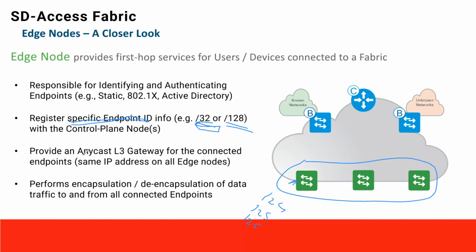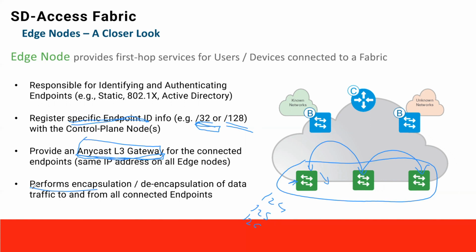Now it provides an Anycast L3 gateway. Keep this in mind. We have it in the further slides, where we'll look at what exactly the Anycast L3 gateway is and how it is helpful in the mobility part. If my endpoint is connected here and it moves to here or here, how it will help, we'll discuss that part, because that's the main reason for mobility. How is it possible in SDA fabric?